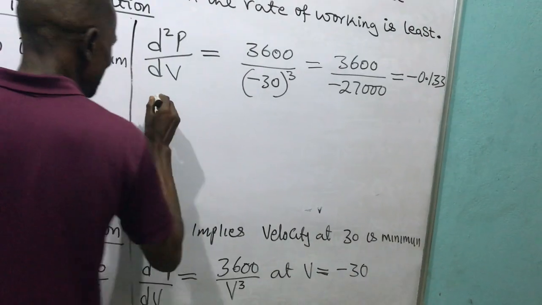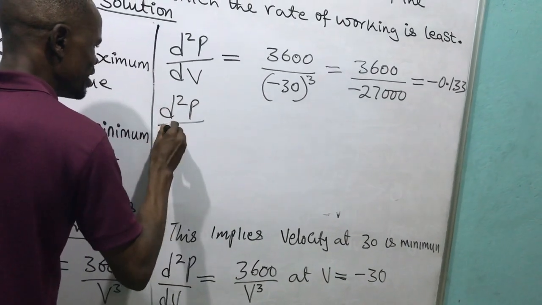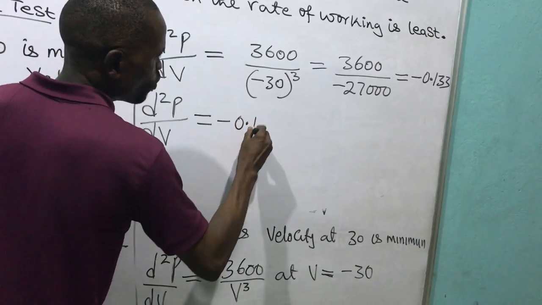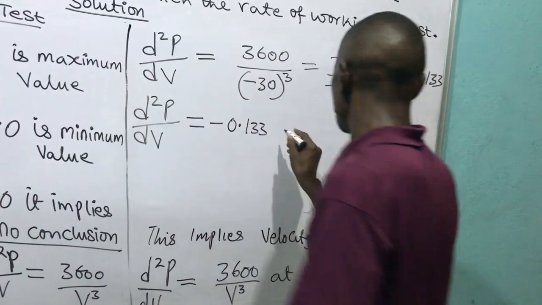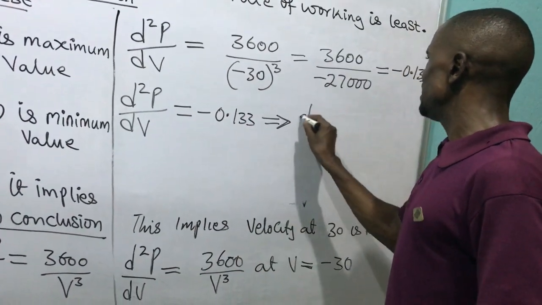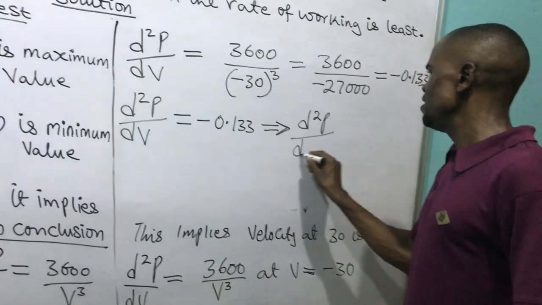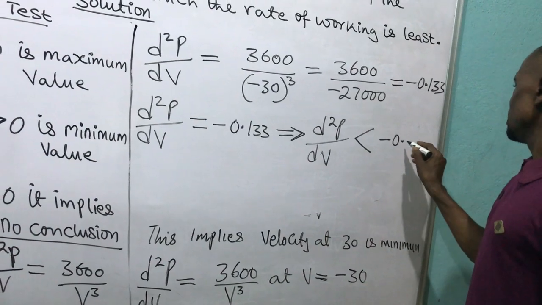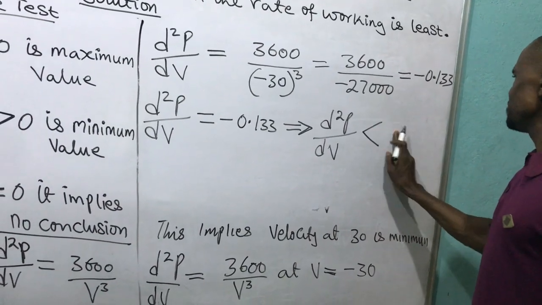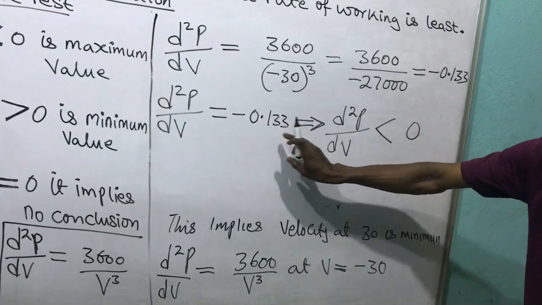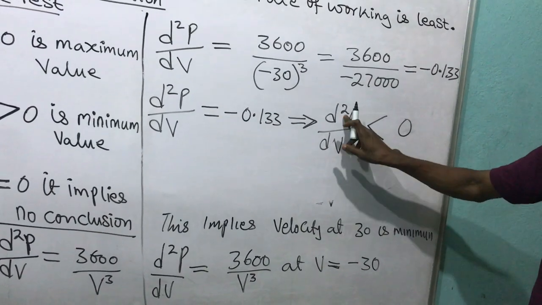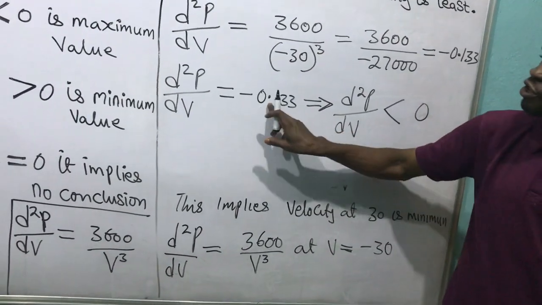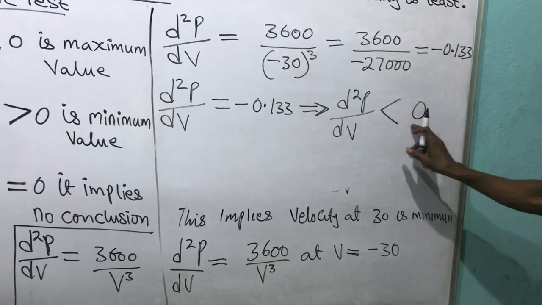That implies that d squared p over dv squared is equal to minus 0.133, and this implies that it is less than 0. This minus 0.133 is less than 0.